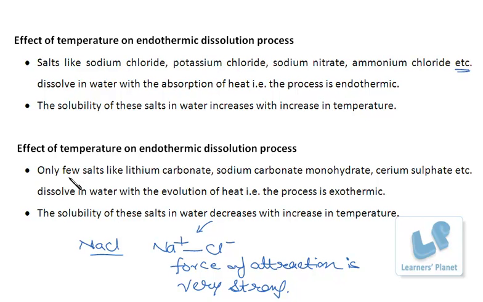Now there are salts like lithium carbonate, sodium carbonate monohydrate, Na2CO3.H2O, and cerium sulphate which dissolve in water with the evolution of heat. See, when these salts are dissolved in water, heat is evolved. It means it is an exothermic process. Heat is evolved, so with the increase in temperature, their solubility decreases.